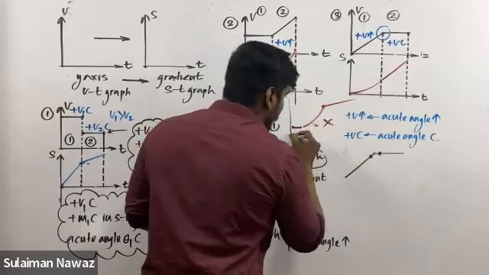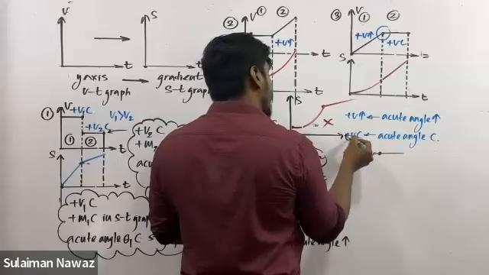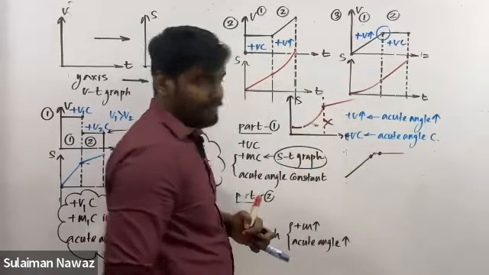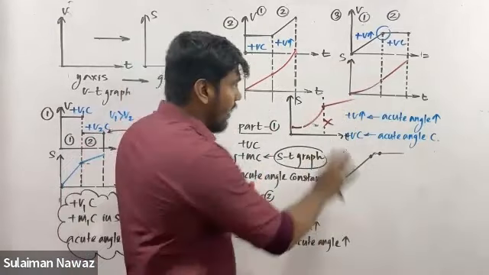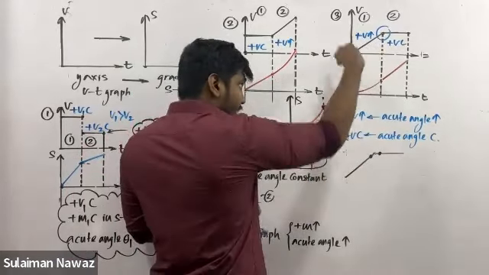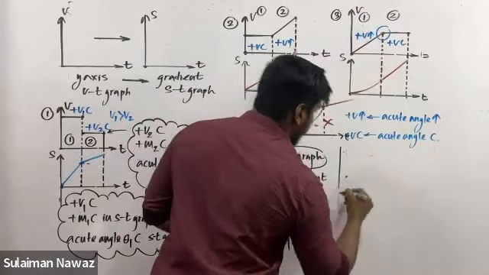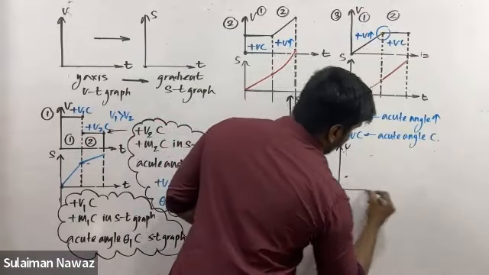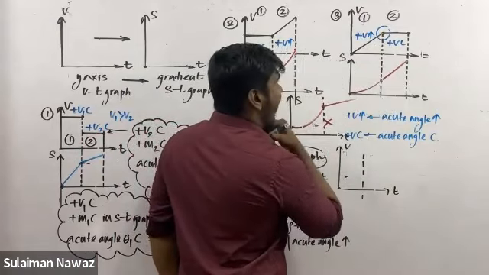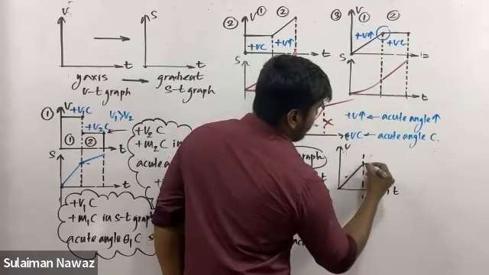But if you represented your ST graph in this way, and you convert it to a VT graph, I should obtain the original graph exactly. Shall we convert this ST to VT again? Yes, acute angle increases, therefore positive velocity increases. That part is okay.